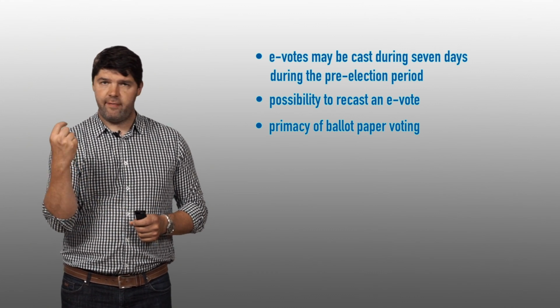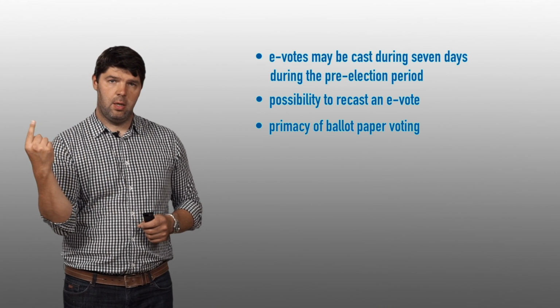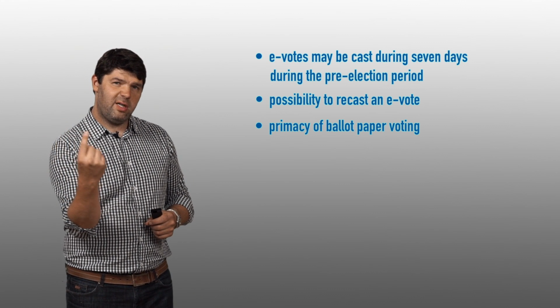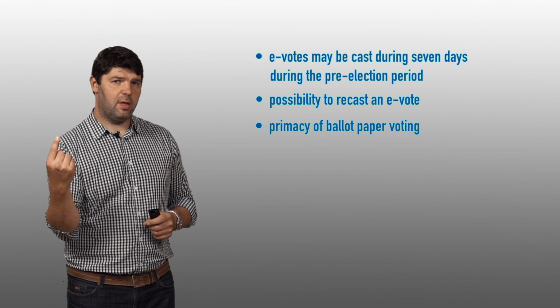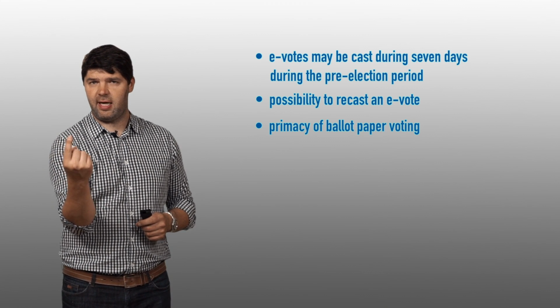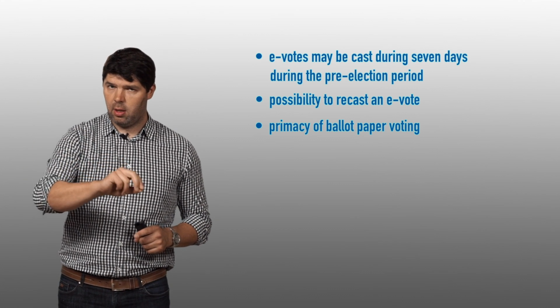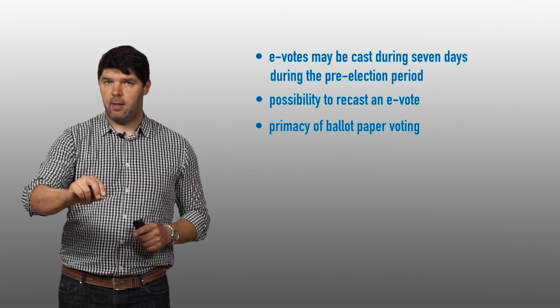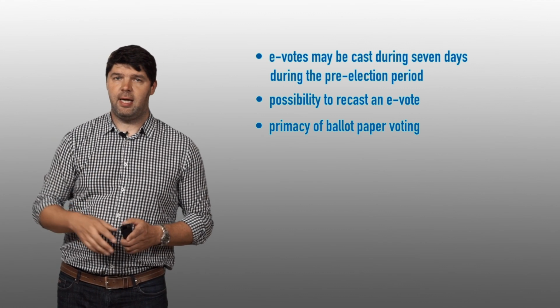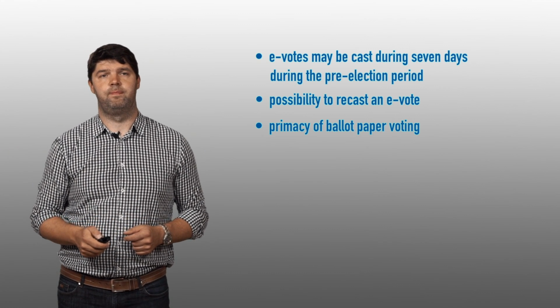So you have an option to recast your e-vote several times, but if you're not sufficiently reassured that it worked, you can always go during the advance polls to the polling station, deposit your vote on paper, which will then cancel all the previous e-votes.